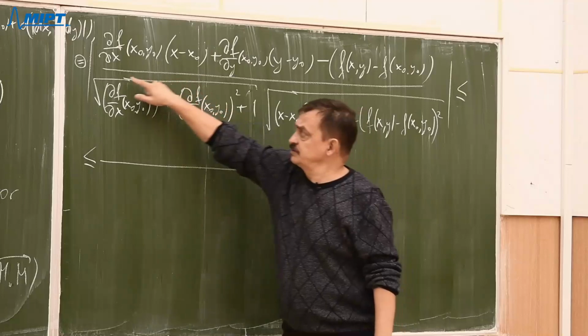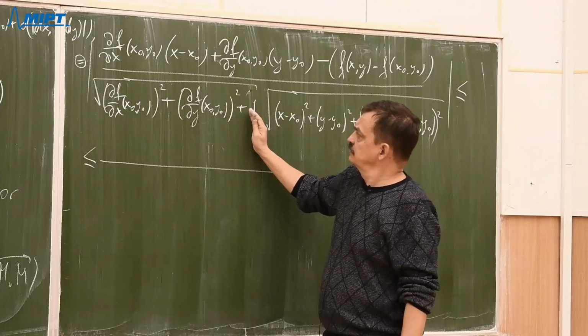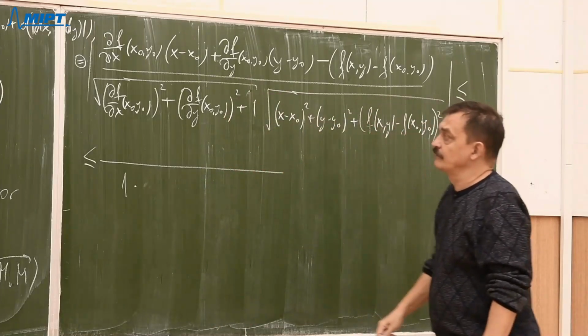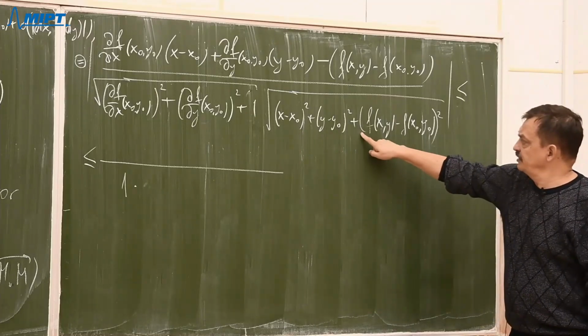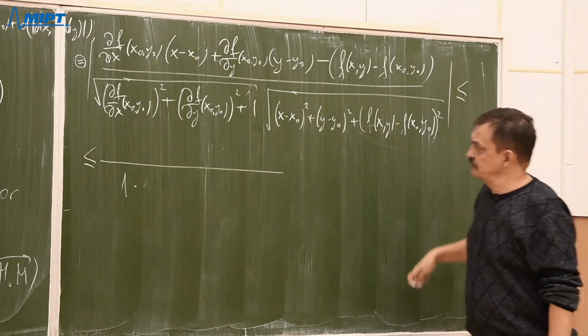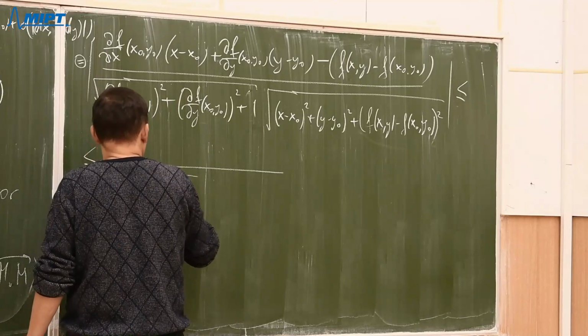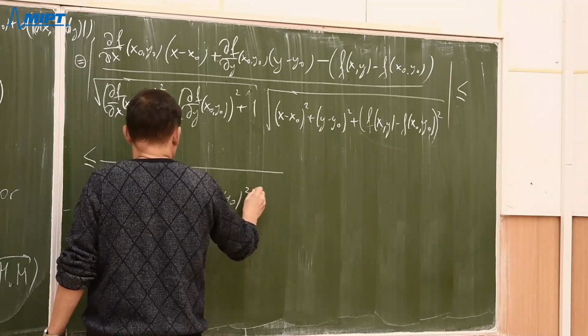The first term, forget about the first two terms, I'll estimate by 1. The second, here I'll forget about the last term. So the square root of x minus x naught squared plus y minus y naught squared.